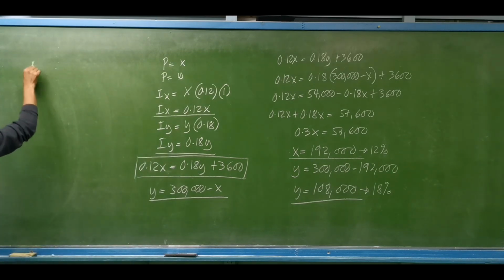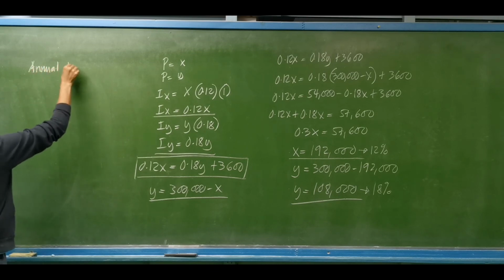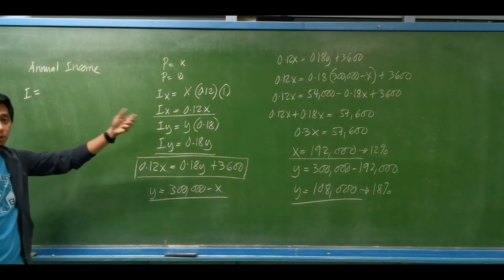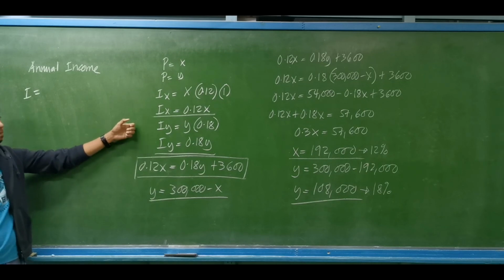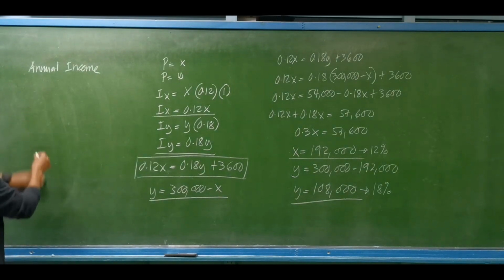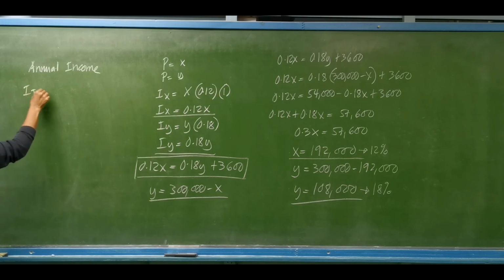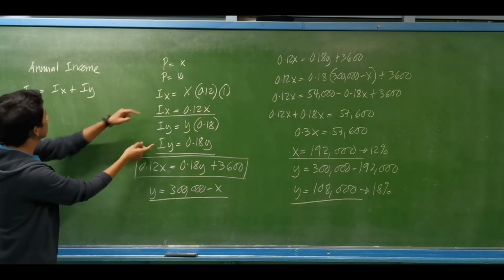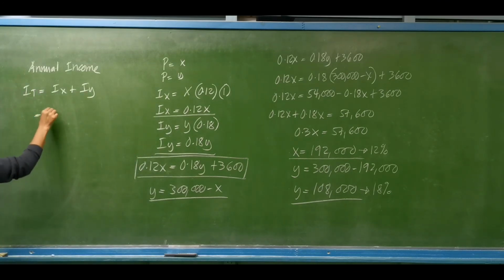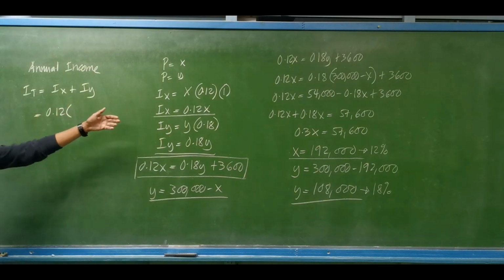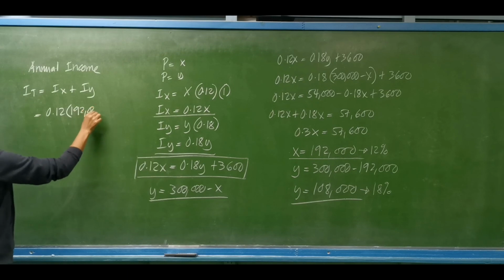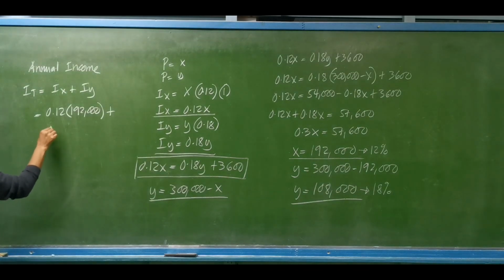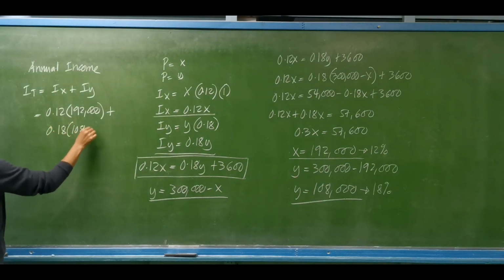So we have the annual income. Again, if you are a lender, interest is your income. So the total income, let's say I sub T, is equal to I sub X plus I sub Y. I sub X is 0.12 of the value of X, 192,000, plus I sub Y, 0.18 of Y, that is 0.18 of 108,000.